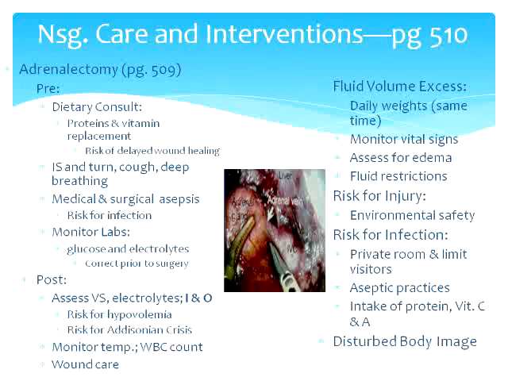Alrighty. So nursing care and interventions, one of the most common ones is the adrenalectomy. We're going to remove the adrenal glands, 1 or 2. These people need to make sure that they have a dietary consult because remember that they have protein and vitamin deficiency.